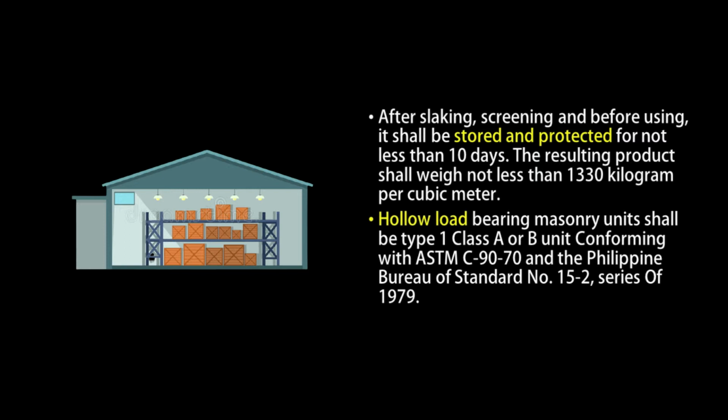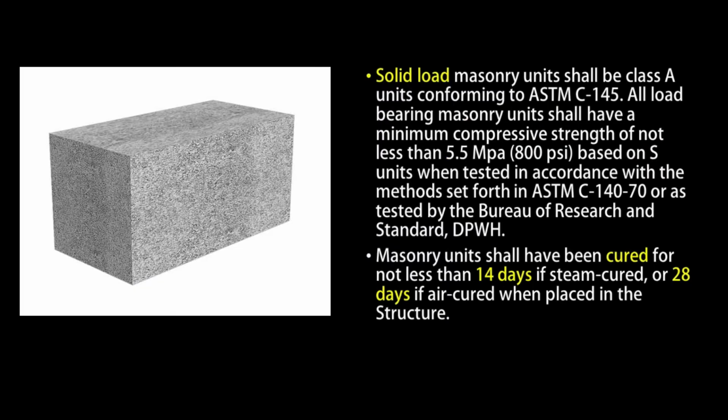Hollow load-bearing masonry unit shall be Type 1 Class A or B unit, conforming with ASTM C90-70 and the Philippine Bureau of Standards No. 15-2, Series of 1979. Solid load-bearing masonry units shall be Class A units conforming to ASTM C145.